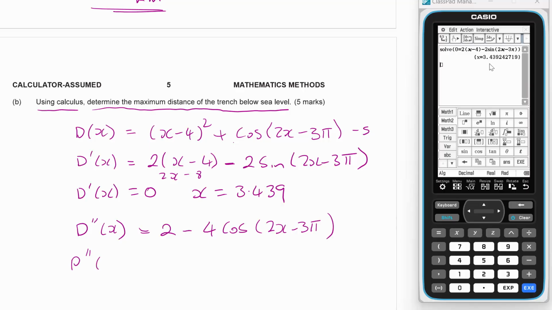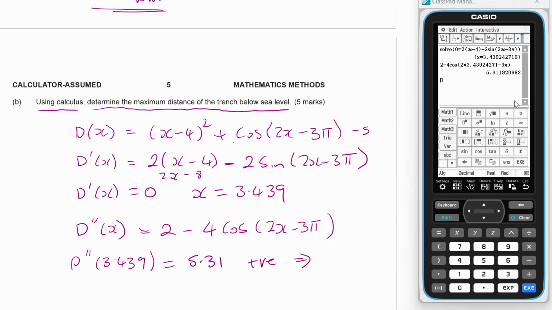And d double dashed of 3.439 is going to be 2 take away 4 cos 2 times this last answer, take away 3 pi, and that gives me 5.31.